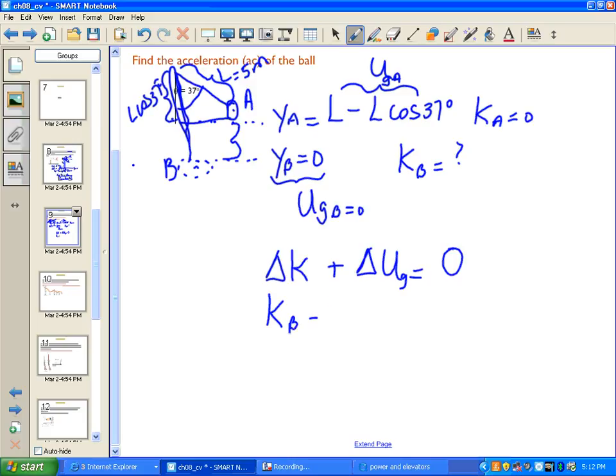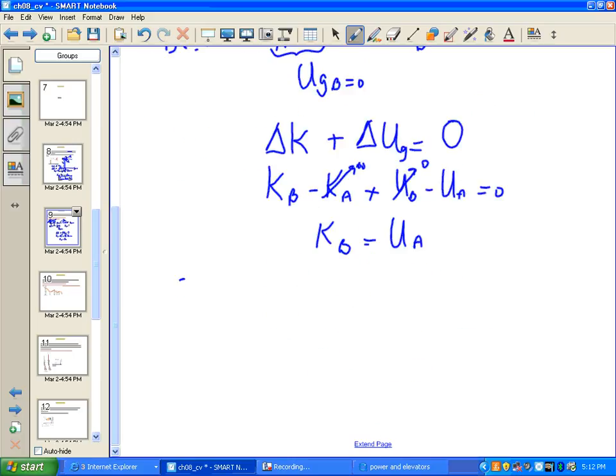Okay, now KB minus KA, which of course we've just said is 0, plus UB minus UA equals 0, and we've just said that UB is also equal to 0. So KB is equal to UA, and the first part of the problem asks what is the speed?